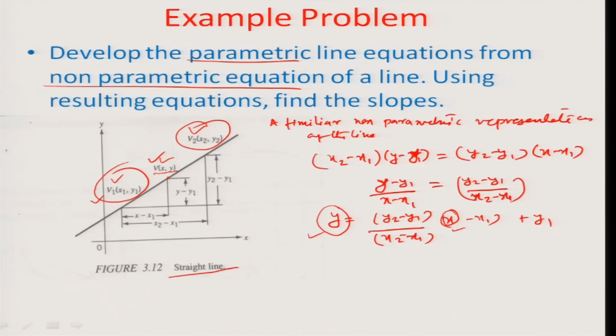Can I now represent this in a parametric manner is the question. So let us say we want to slightly change the way we represent this whole thing by adding a parameter. So, parametric representation.